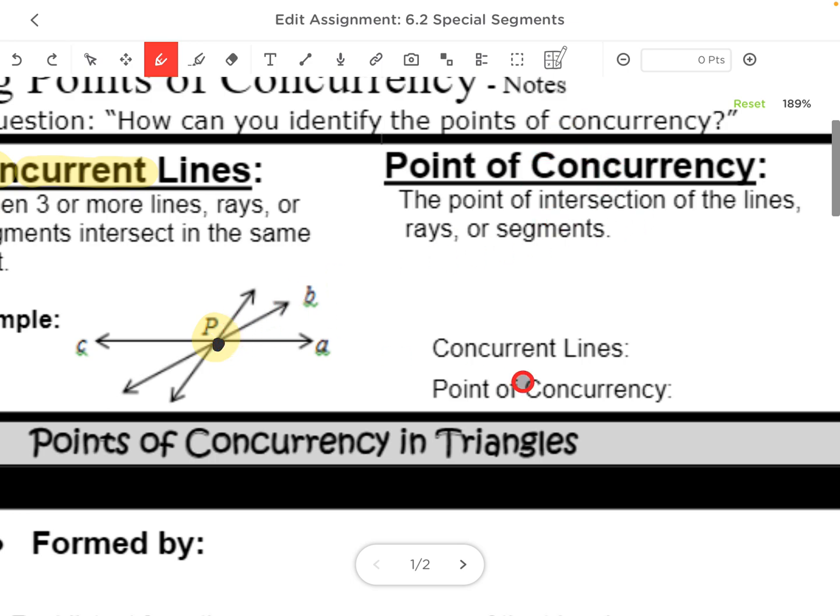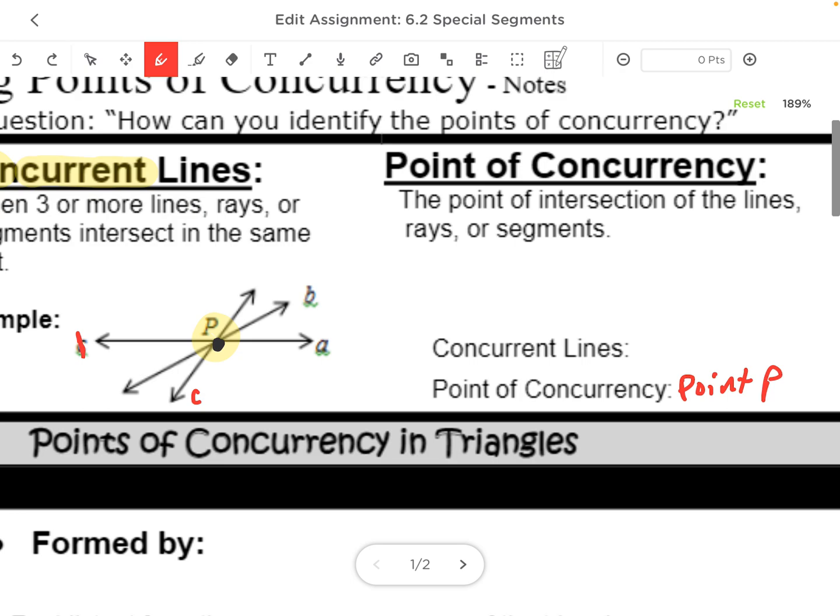So this is point P. Our point of concurrency is point P. Now the concurrent lines, it's going to be this one, this one and this one. Actually, sorry, that's supposed to be over here.